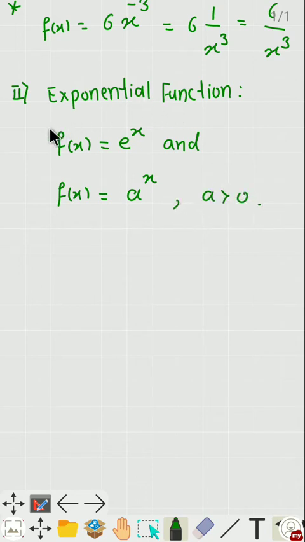So we can write the exponential function like this or like this, two forms of exponential functions.